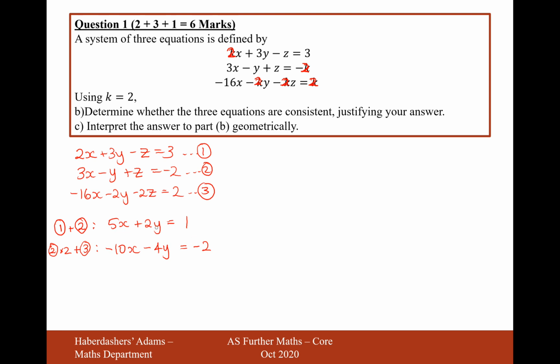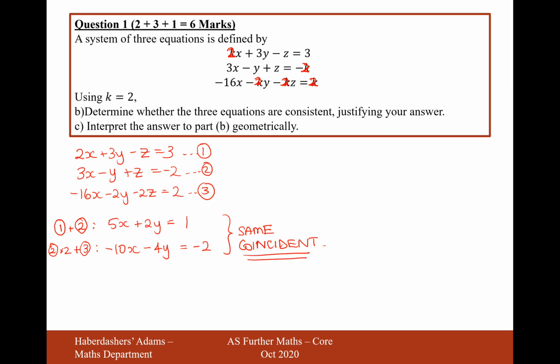It's a scale factor of minus 2, and it will also work on the number at the end. So these two equations are the same. And the posh word for them being exactly the same is coincident. So there we are, they are coincident.